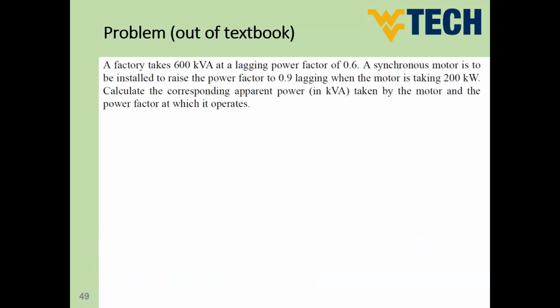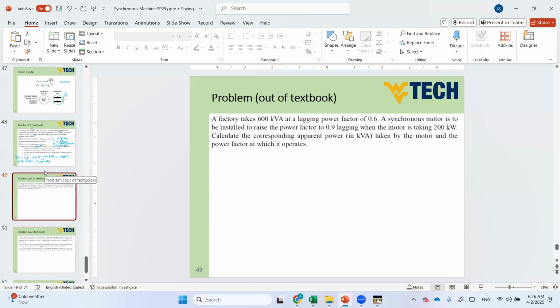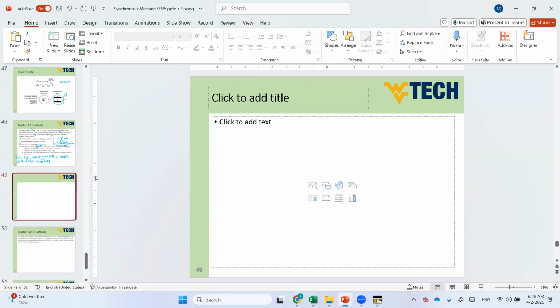So I'm going to create a new slide here. Our new case here: the power is zero because delta equals zero.